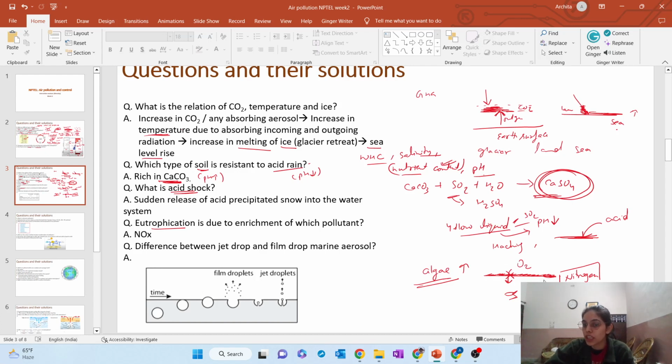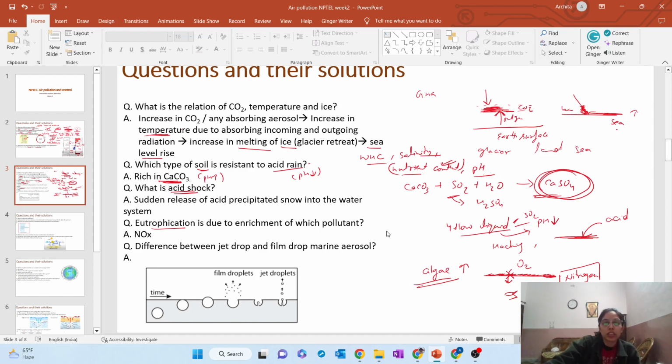That is eutrophication. When the oxygen supply is cut, it leads to death of fish or marine organisms due to the overgrowth of the algae. Okay, so these NOx or nitrogen are the reason for eutrophication, or the enrichment of algae in the water body.